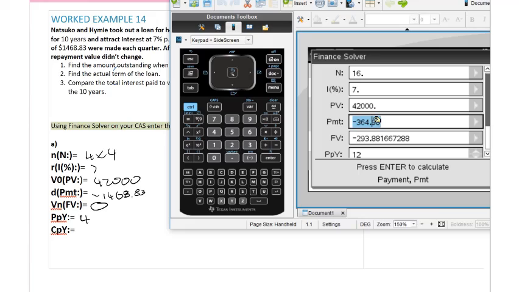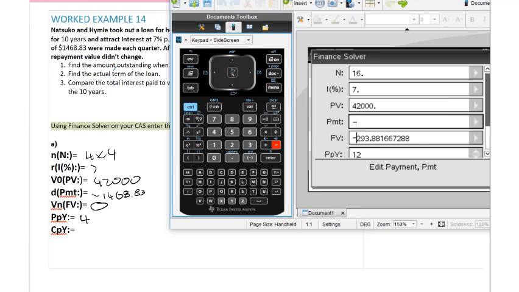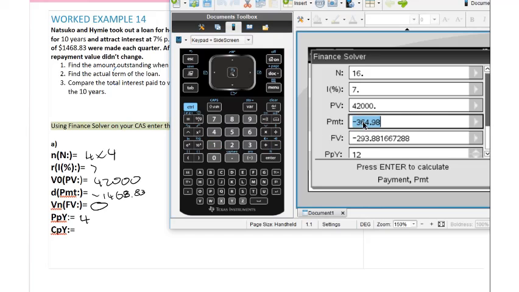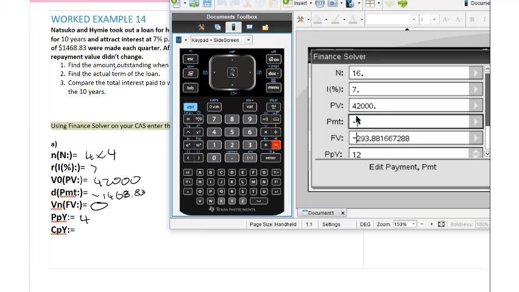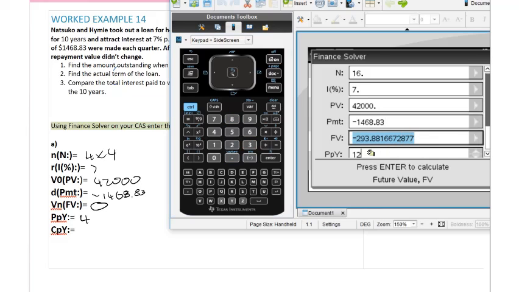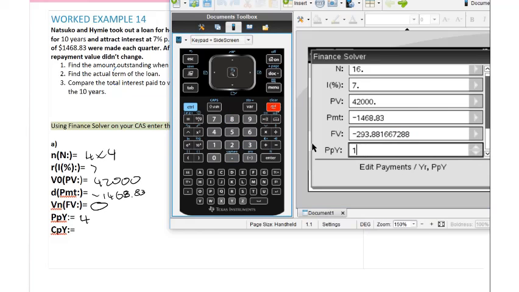My payments are going to be negative 1,468.83. I'm after my final value, so I'll come back to that in a moment. This is what I want to be 4.